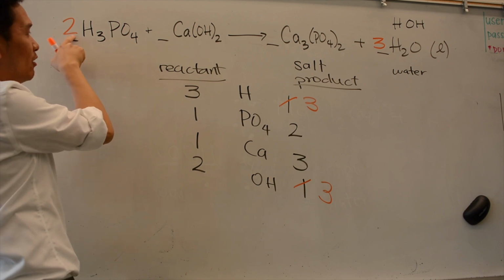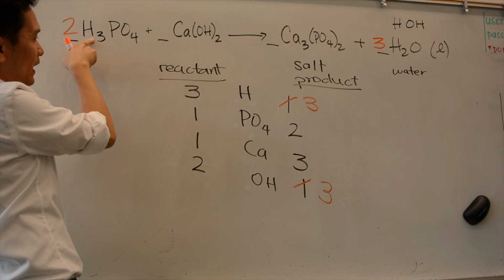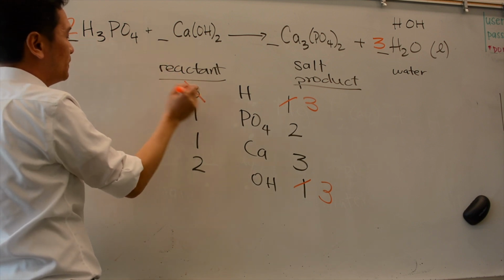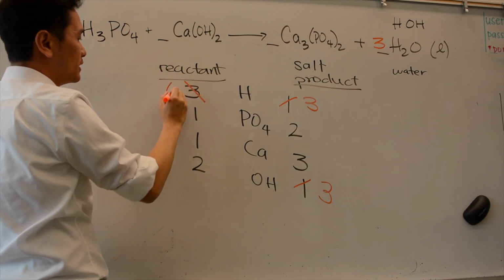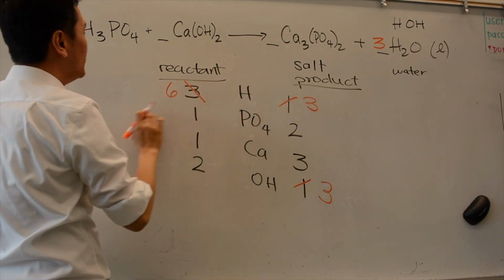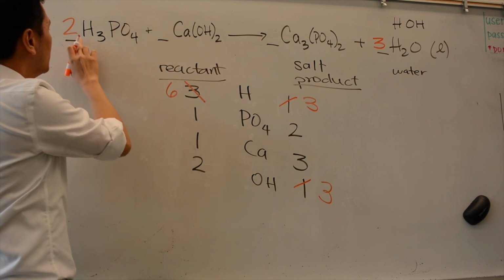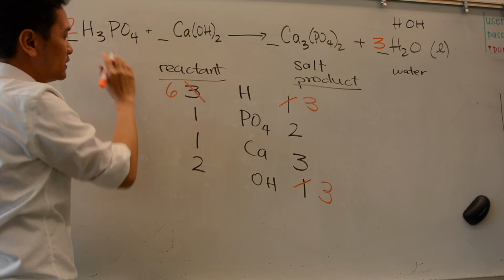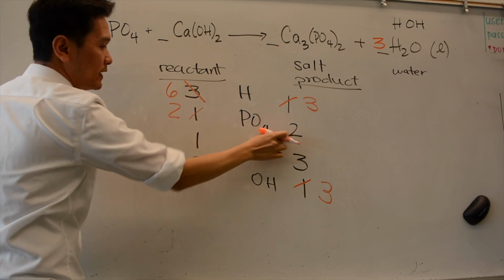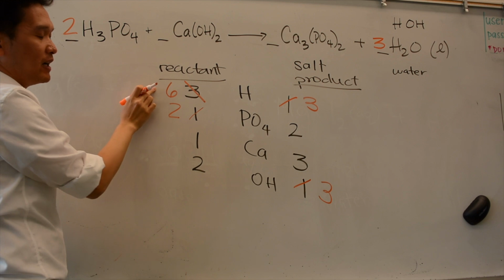When I put a 2 here though, look at what happened. The 2 changes the count of hydrogens to what? 2 times 3 is 6. That's going to change this in a bit, but we'll do this first, then continue with the hydrogen. Since that 2 also goes into phosphates, now I have 2, making phosphates happy. Now, let's try to make hydrogen happy again.